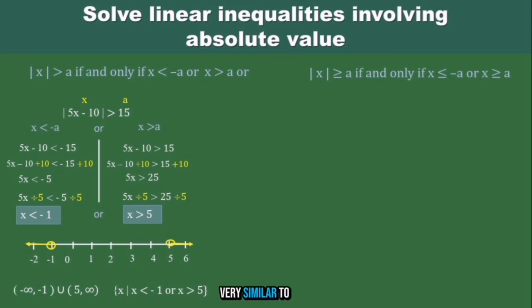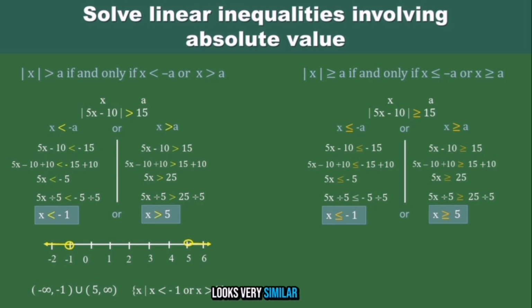Notice it is very similar to Rule 3, right? Almost everything is the same except for the inequality symbol. Rule 3 uses greater than, while Rule 4 uses greater than or equal to in the inequality. If we apply Rule 4 to the same given problem, 5x minus 10 greater than or equal to 15, this is how it looks.